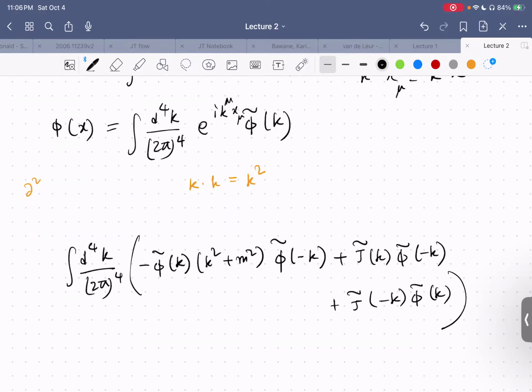Okay, we'll find this. So this is our action. Up to some numbers, probably. Maybe there may be some numbers here.